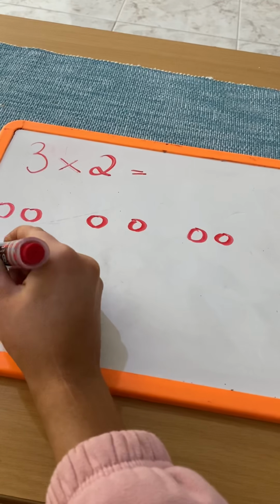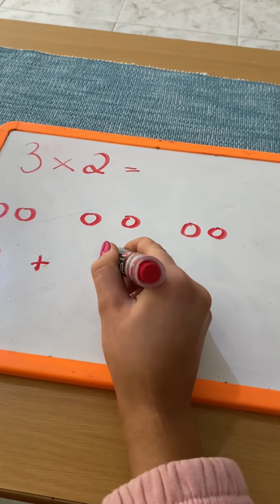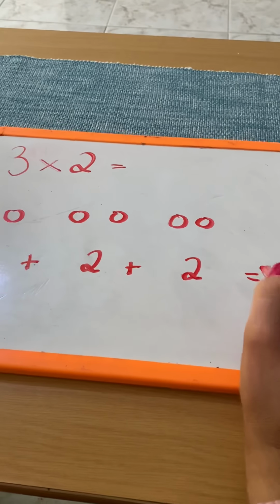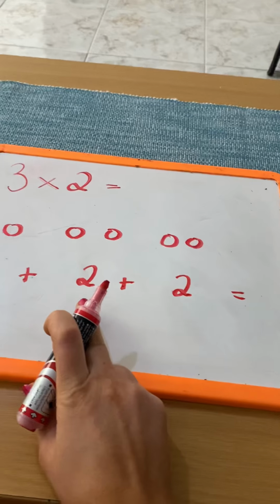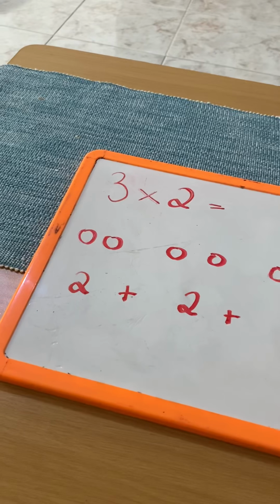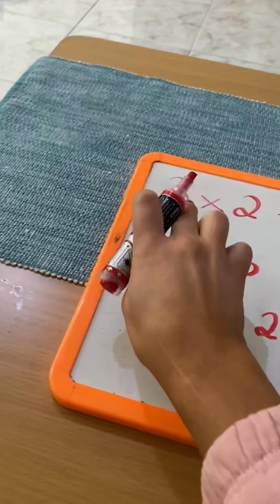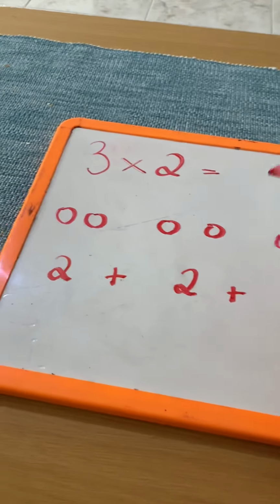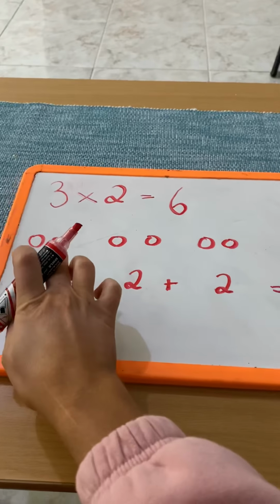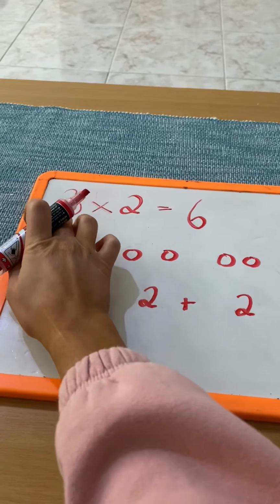So it's just like saying 2 plus 2 plus 2. And we know that 2 plus 2 is 4, and 4 plus 2 is 6. So the answer to 3 times 2 would be 6, because it's saying we have the number 2 3 times.